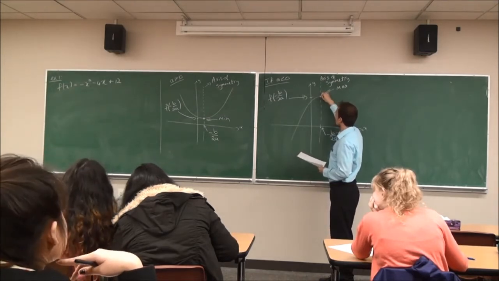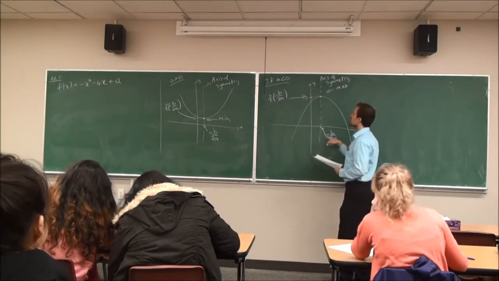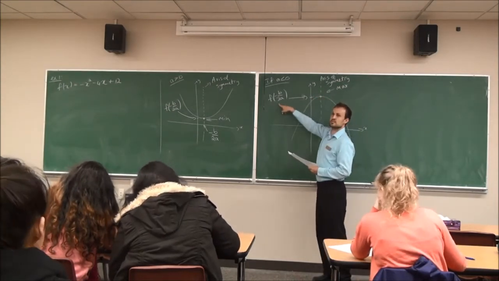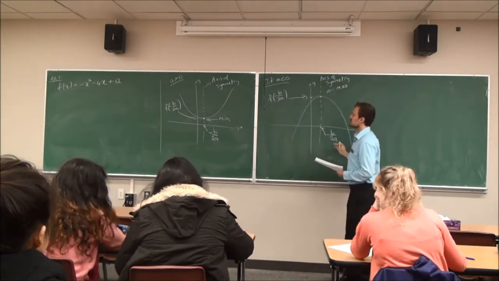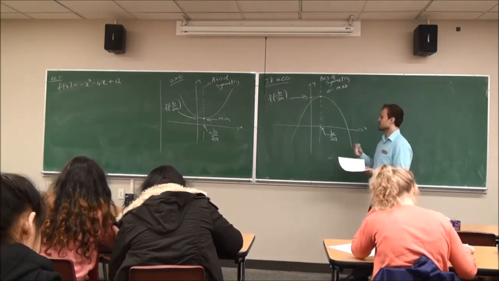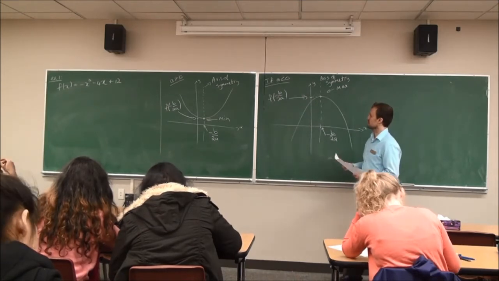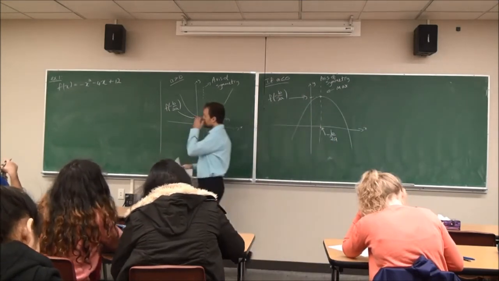There's this special point, the maximum. This is its x coordinate. This is its y coordinate. Once I have the x coordinate, I just plug it into the function and it gives me the y value, the output. Input, output.